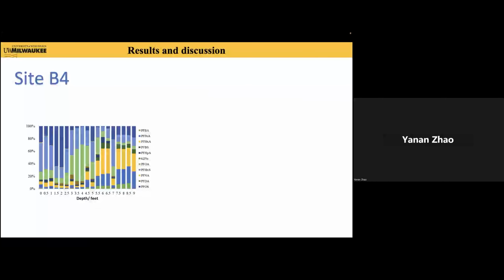We calculated the proportion of each PFAS in each sediment depth. The result is shown in the figure. We can see when the depth is shallow, the main PFAS was the long-chain PFAS. And when the depth increased, the short-chain PFAS became the main components there.